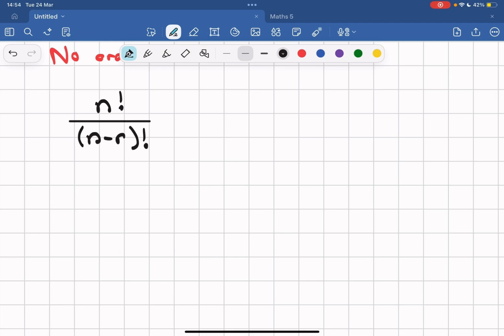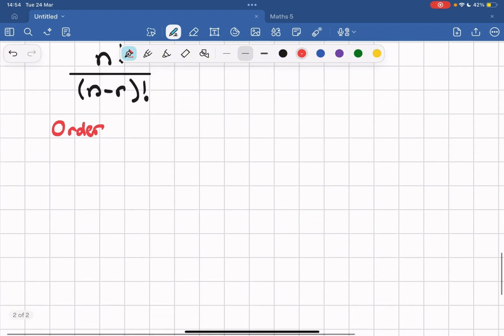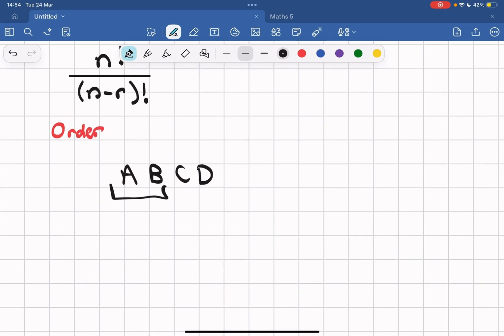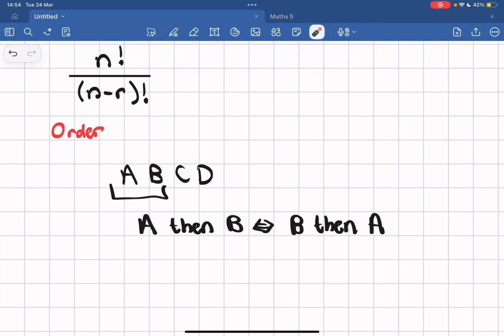Now we need to show why we divide further by r factorial. So let's say we have an order, so we do care about the order. And why is this important? Well, if we're choosing from A, B, C, and D, and we want to choose AB, choosing A then B is the same as choosing B then A. So if we see these as two different choosings, then we are overcounting.